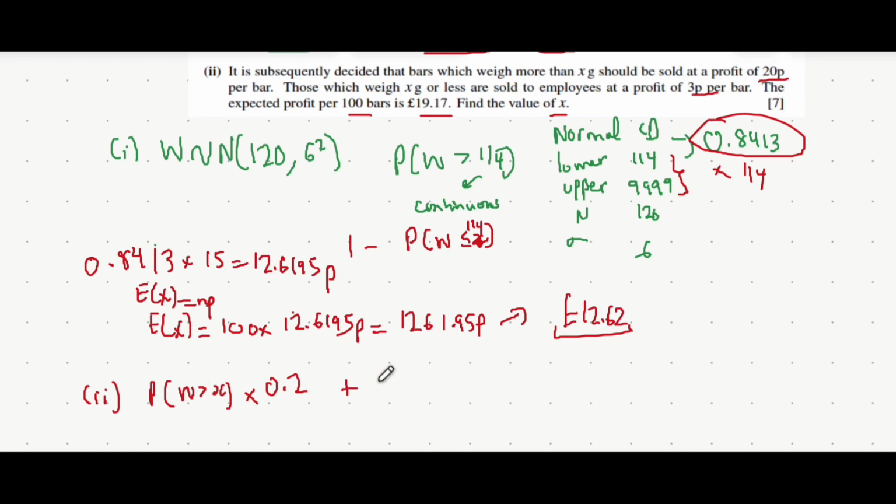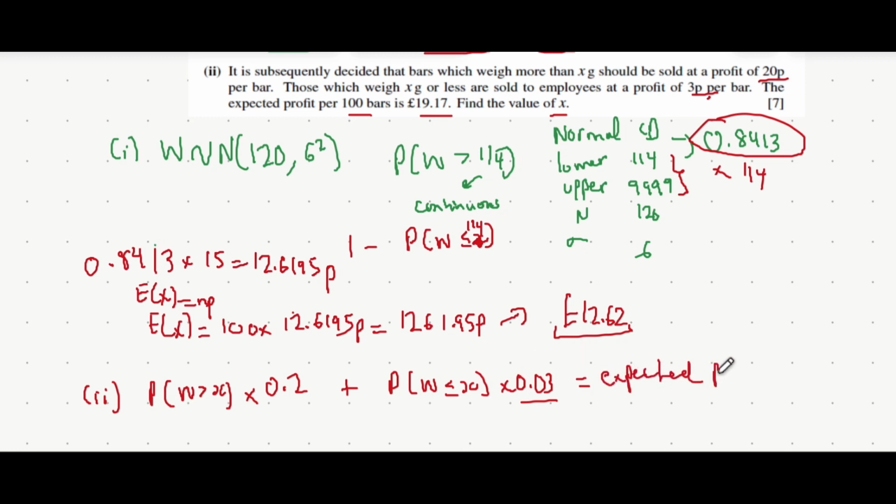You then add on to that 0.03 multiplied by the probability of the weight being less than or equal to X, because 3p is the profit that you'll get from each of these bars. And all of that, well, what is that equal to? Actually, even before you go into what that's equal to, it says that this gives the expected profit of one specific bar.